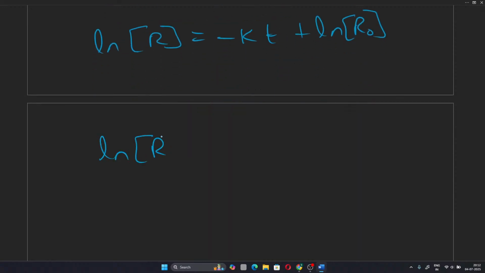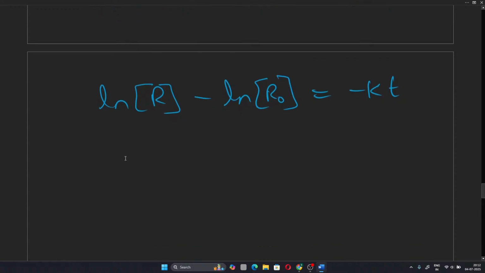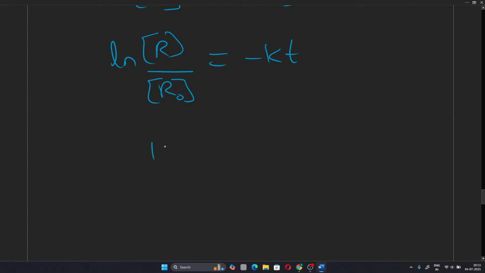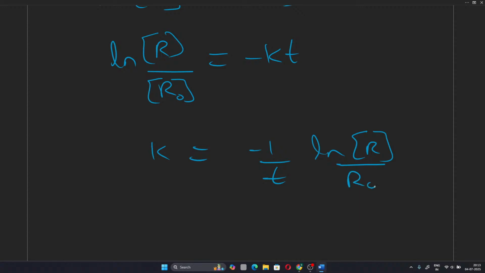So ln of r minus ln of r naught equals minus kt, which gives the formula ln of r by r naught equals minus kt, and k equals minus 1 by t ln of r by r naught.